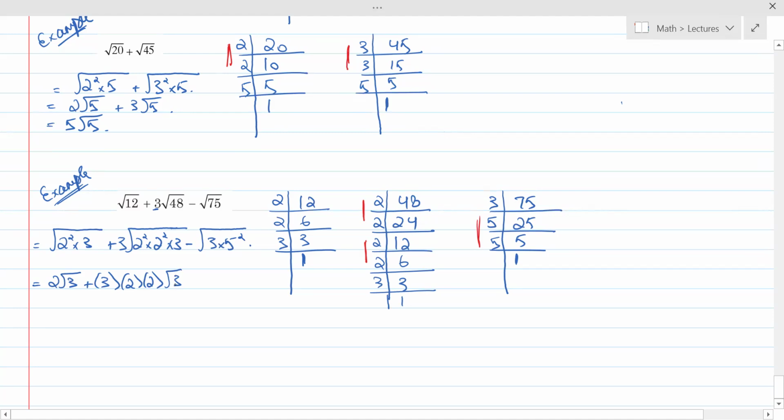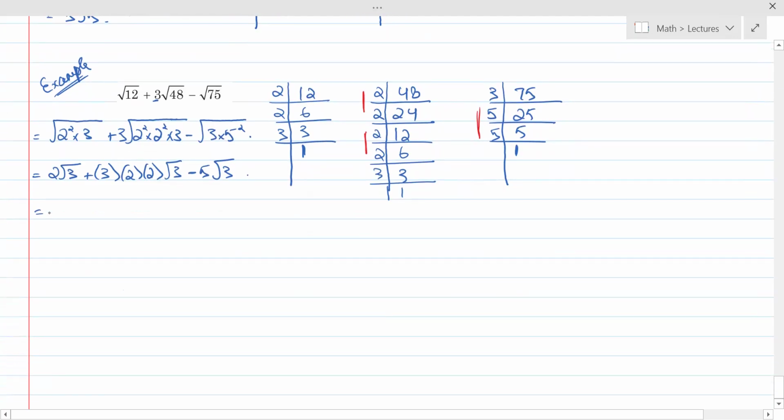And for this 3 into 5 square, 5 will move outside, 3 will remain inside. Simplifying it further, we'll get 2 root 3. Now these factors 3, 2, 2 would be multiplied, giving us 3 into 2, 6, 6 into 2 is 12. So plus 12 root 3 minus 5 root 3.